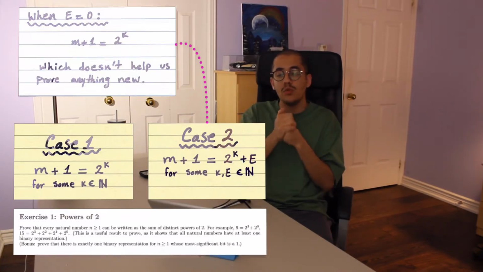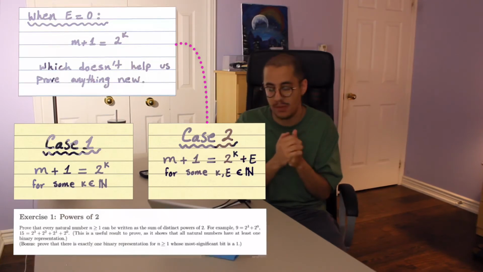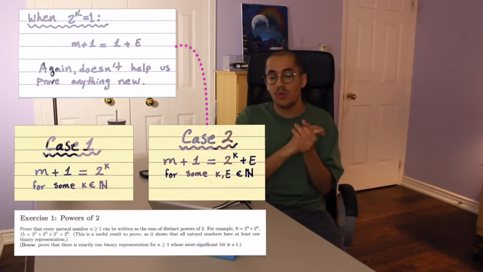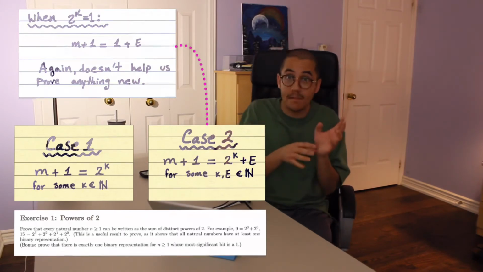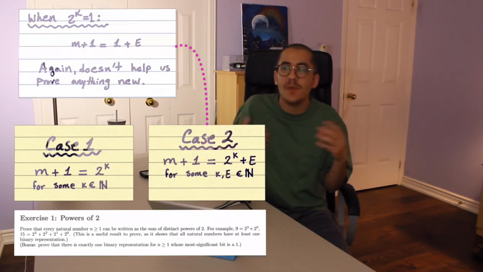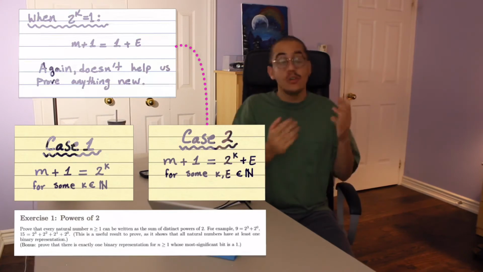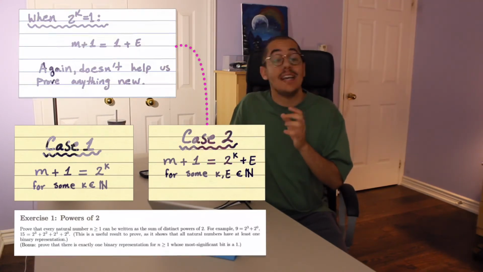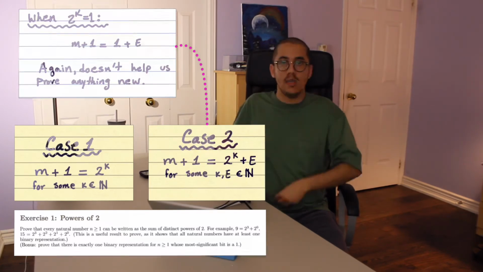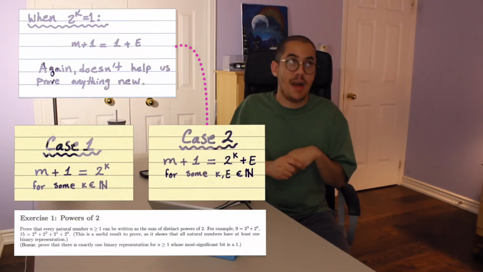So 2 to the power of k has to be at least 1, which leaves us with e equaling m. But if e equals m, we already know it's a sum of powers of 2. So in that case, m plus 1 can be written as a sum of powers of 2.